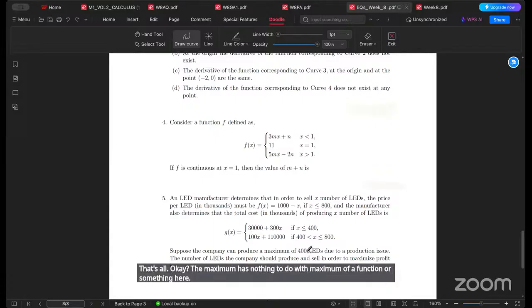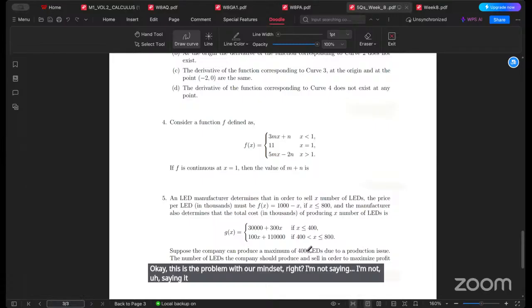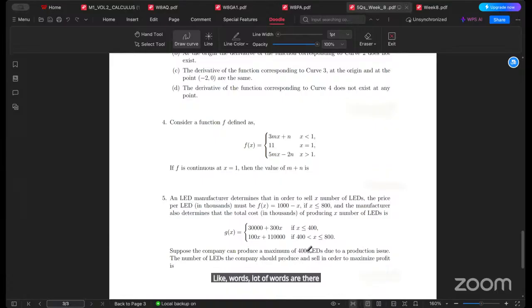Okay, this is the problem with our mindset, right? I'm not saying it as a fault. This happened to me also when I was a student. Our mindset is that if there is a big problem with a lot of words, and you see some words which you think are complicated, our mind thinks that the problem is something we cannot do. I just saw the word maximum.